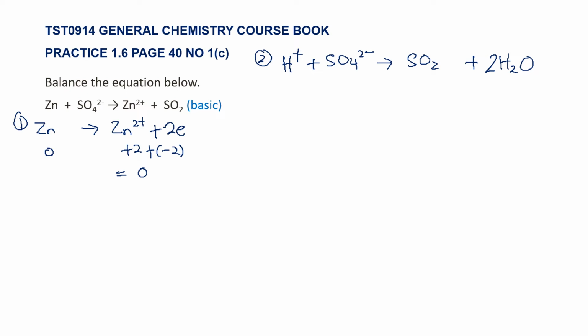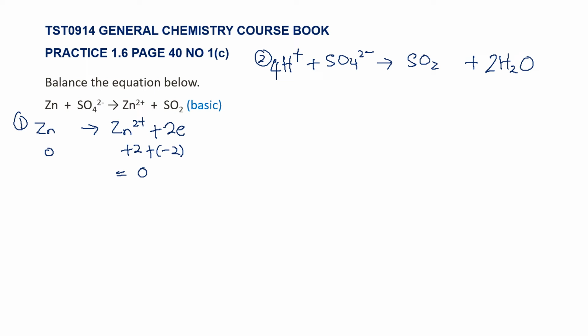Now the number of oxygen is 2 plus 2, which is 4, so oxygen is balanced. How about hydrogen? We have 2 times 2, which is 4 hydrogens on the right side. So on the left side, we put 4 in front of H+. Now the number of elements in this equation is balanced.